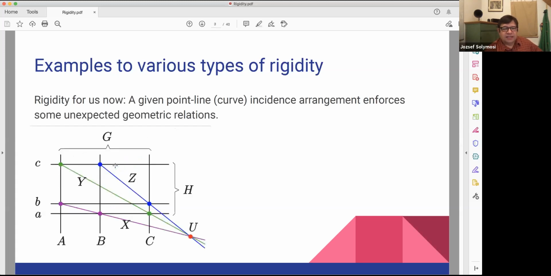Okay, let's see another formulation of the same theorem, which is somewhat closer to what we are going to talk about. So this is rigidity. When you have a rigidity problem, then for me the classical question was to have bars and joints. But then I learned that not only joints, you might be allowed to use slides and other objects. I'm not an expert in rigidity.